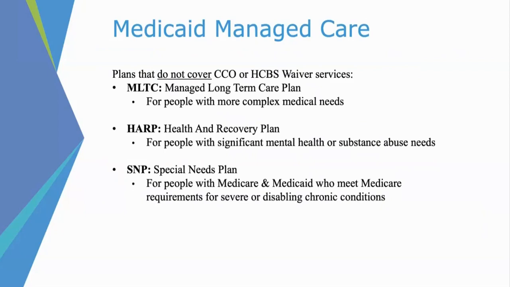And SNP, special needs plans, are for people with Medicare and Medicaid who meet Medicare requirements for severe or disabling chronic conditions. It's important to note, once again, that this slide is for plans that do not cover your CCO or HCBS waiver services. Next slide, please.